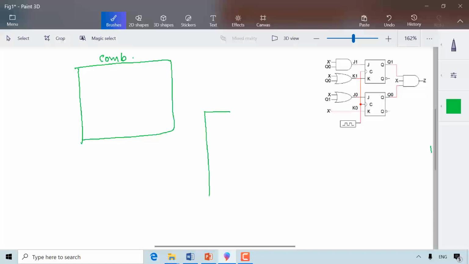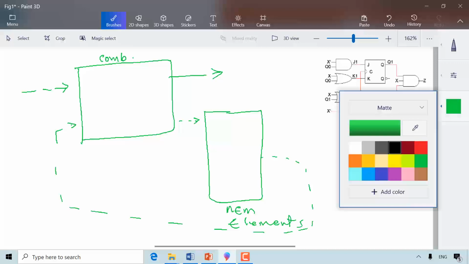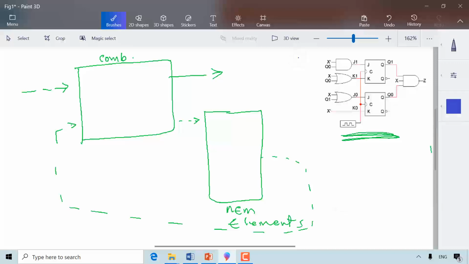And then you have your memory elements, and then there is something going here, and then there is this feedback coming here. And then you have a primary input. Where is all of this in this circuit? Well, it's very simple. We just need to rearrange things for you, and you can see it very clearly.